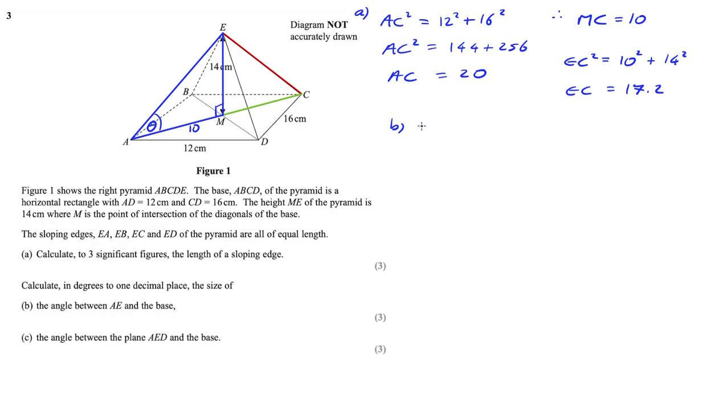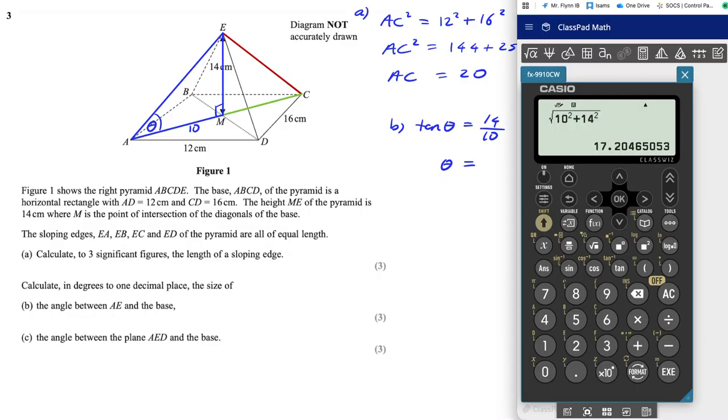He wants this angle here, let's call it theta. We can say tan of theta equals 14 over 10. So theta is the inverse tan of 14 over 10.